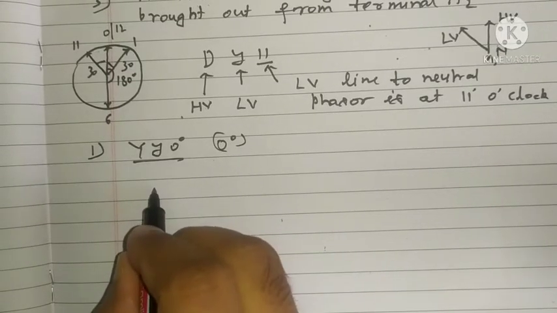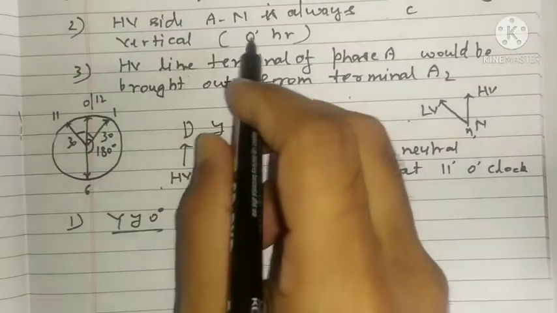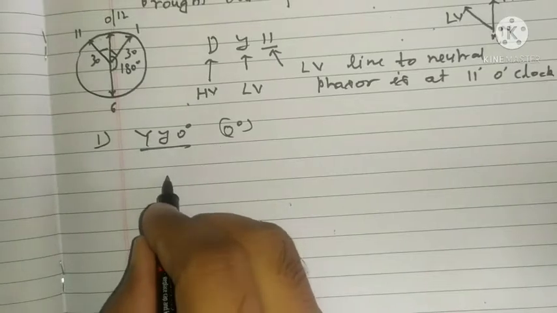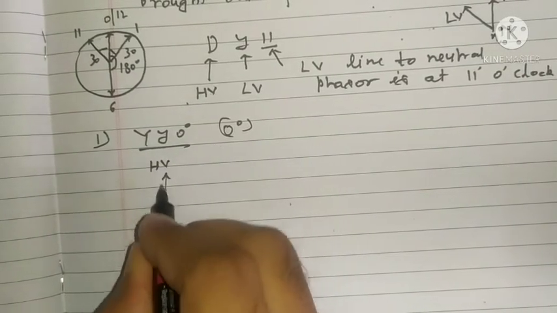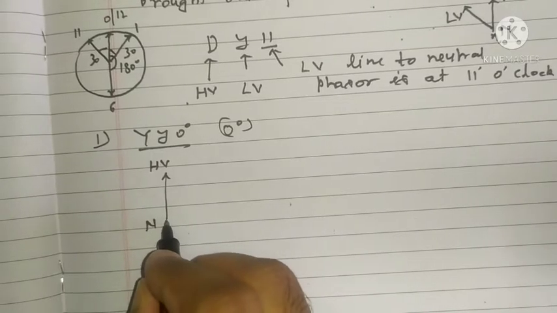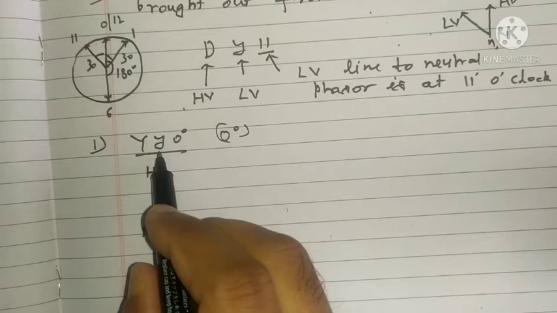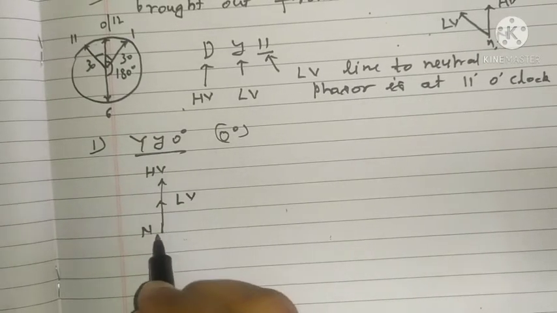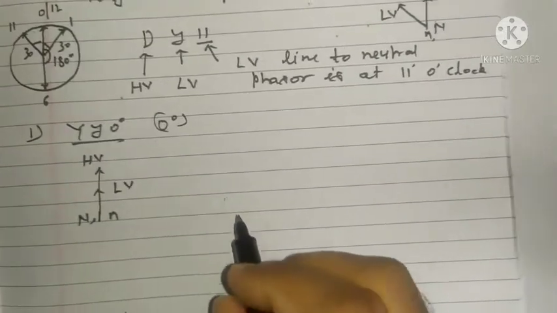HV side A to N is always vertical. So HV, that is star, this is HV line to neutral, right? Now LV is at 0 hours, that means it is in phase, so it is LV, and its neutral is here. So phase difference is 0.